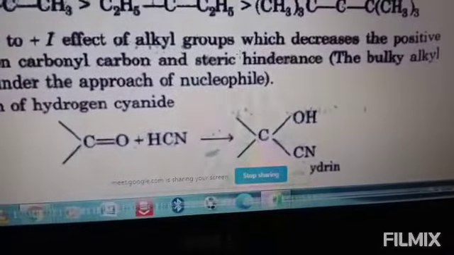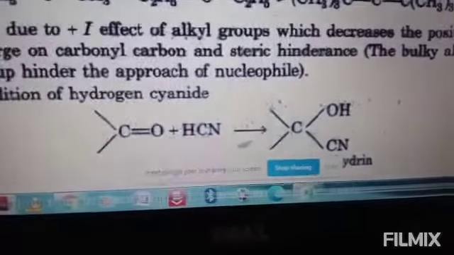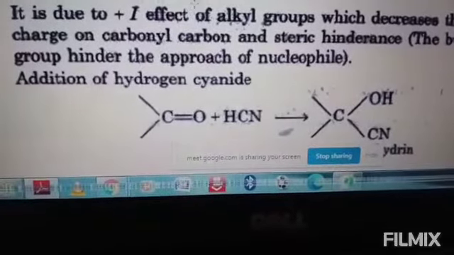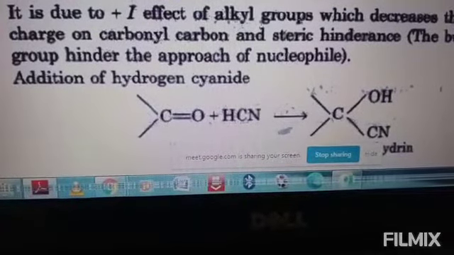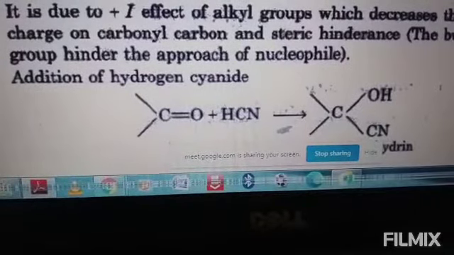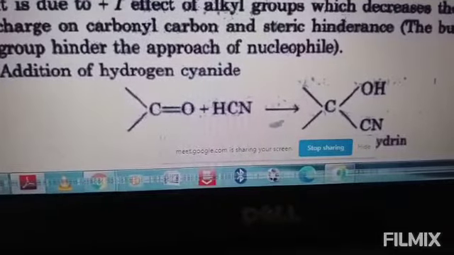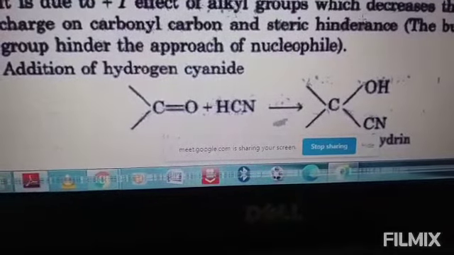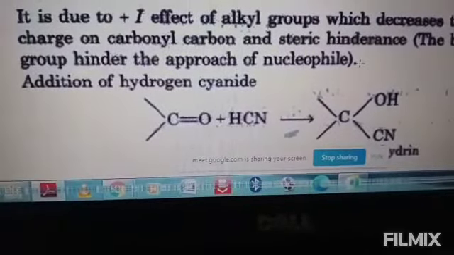So due to the +I effect, there is a decrease in the positive charge on the carbonyl carbon, and due to the bigger alkyl group, the steric hindrance is more. Thereby nucleophilic attack, the first slow step, becomes hindered, that means it becomes slower, and thereby the order of reactivity is in this way.